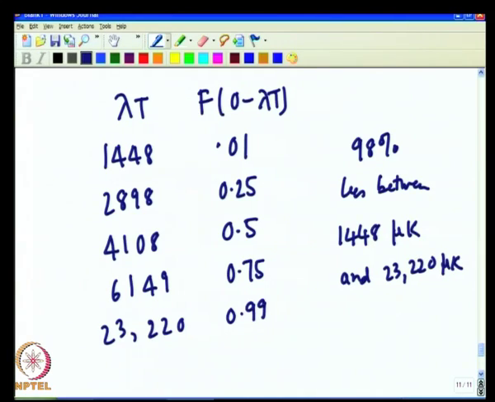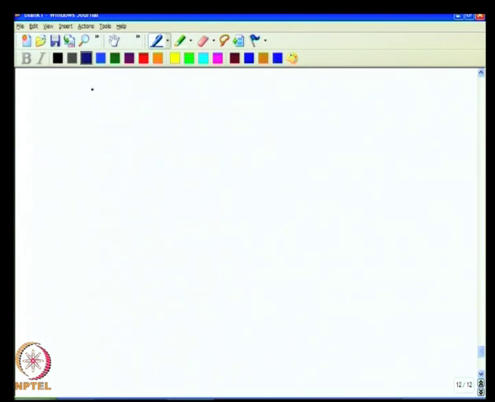So, in evaluating property surfaces, this information is useful because you need to know in which wavelength range the radiation primarily lies. So, let us take a few examples to illustrate that. Let us take a surface at 300 Kelvin.